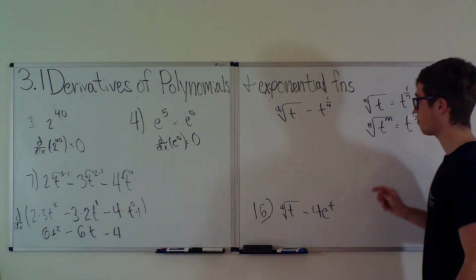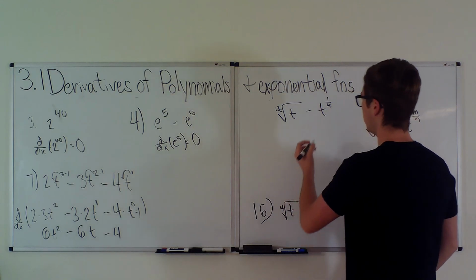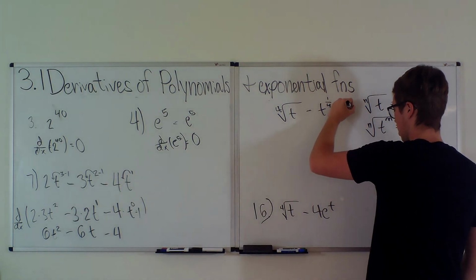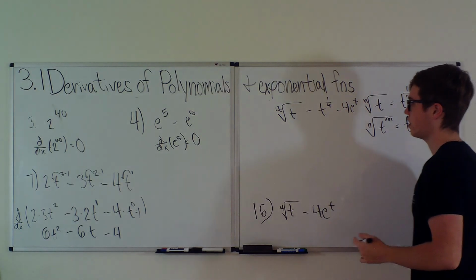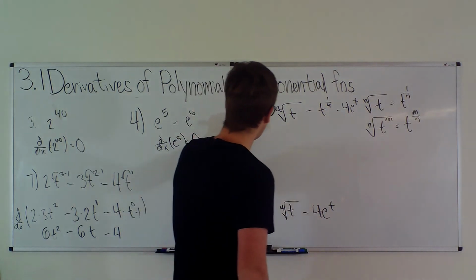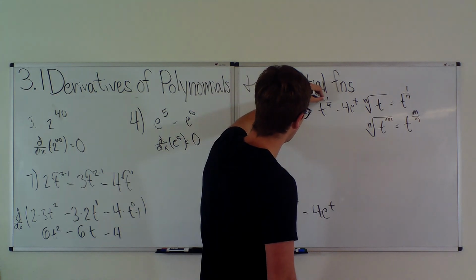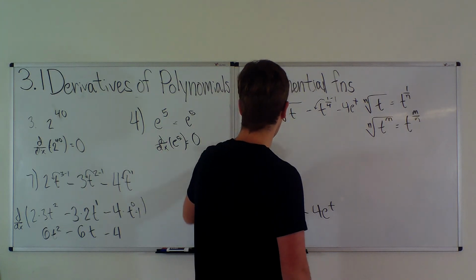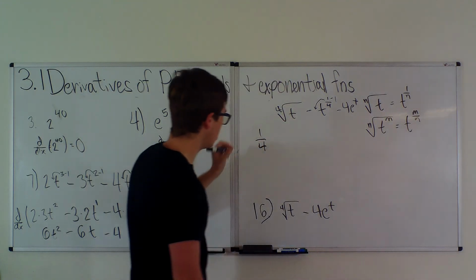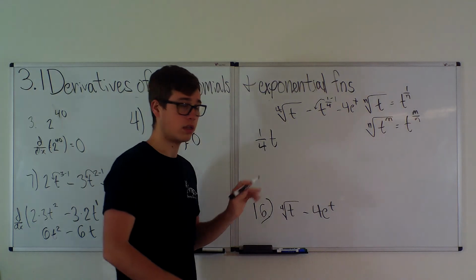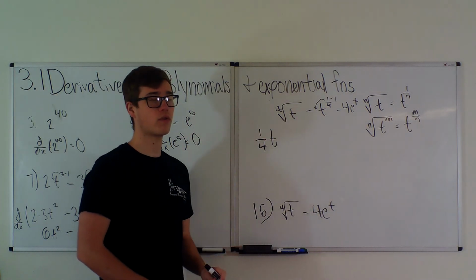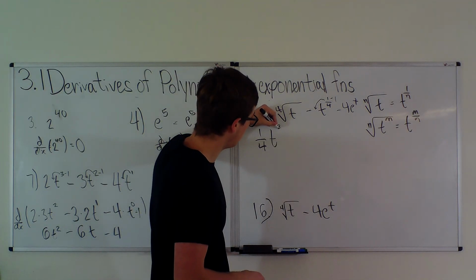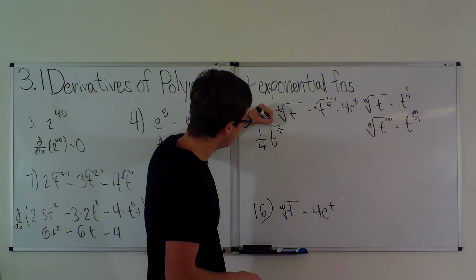Now you have to take the power rule of this, and then minus 4e to the t. So you bring out the 1/4, and then you subtract 1 from it. So you get 1/4 t, and then what's 1/4 minus 1? It's going to be negative 3/4.